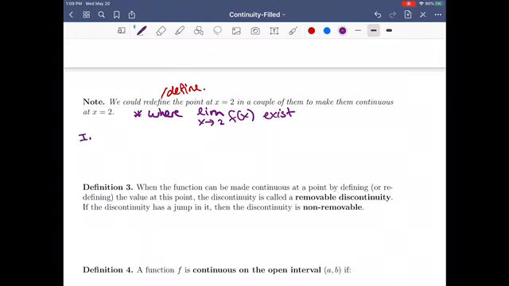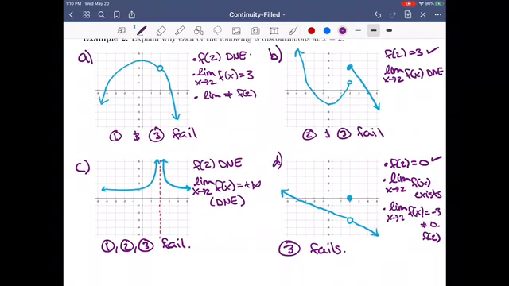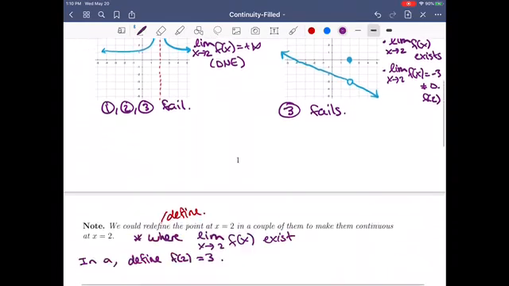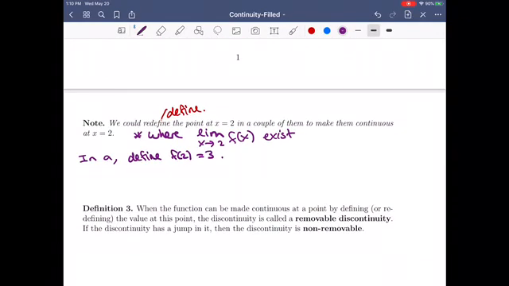So in A, we could define f of 2 to be equal to 3. So if we just plug this hole, in a sense, because there's no point there, then if we put a point there, it would be continuous at 2. So that's kind of an easy fix. Then f of x is continuous at x equals 2.